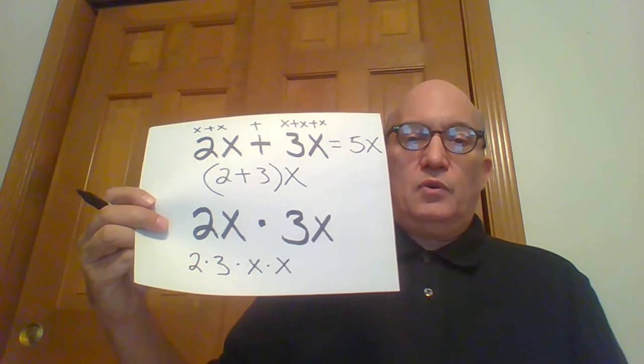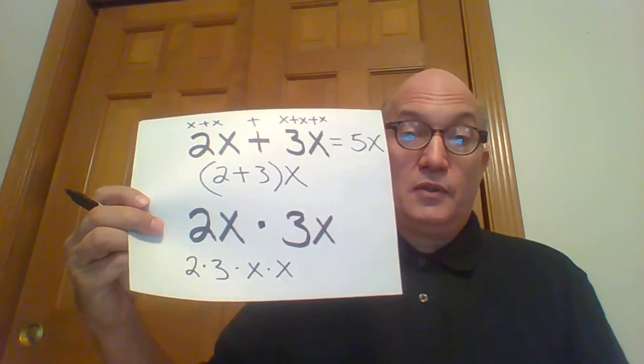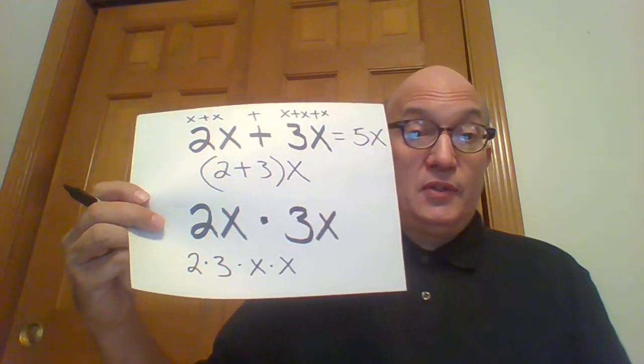So let's think of 2x times 3x as 2 times 3 times x times x, because that is what it is. 2 times 3 is 6. We can simplify there. And we have an abbreviation for x times x. The abbreviation for x times x is, of course, x squared.